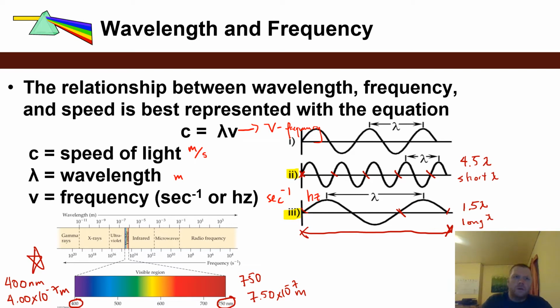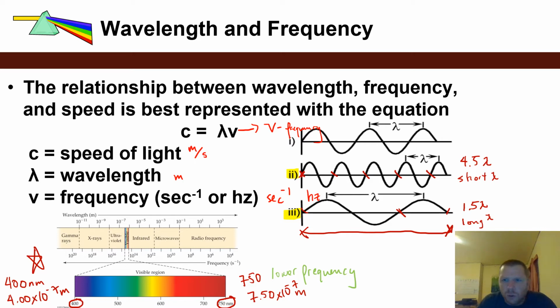That 750 nanometer wavelength is longer, so this one over here is going to be a lower frequency. The 400 nanometers is going to be a higher frequency, and that is also going to be a shorter wavelength.